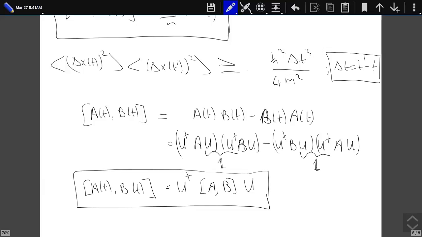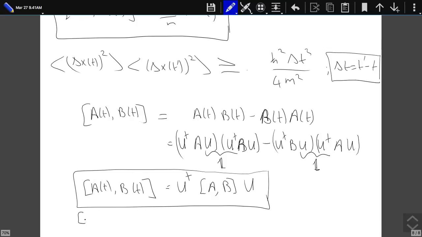So basically, if you are talking about the commutator of two operators at the same time in the Heisenberg picture, you can just calculate the commutator as if it was in the Schrödinger picture. And at the end, whatever operator you have, just interpret it as your operator in the Heisenberg picture. But keep in mind, these are commutators of two operators at the same time.